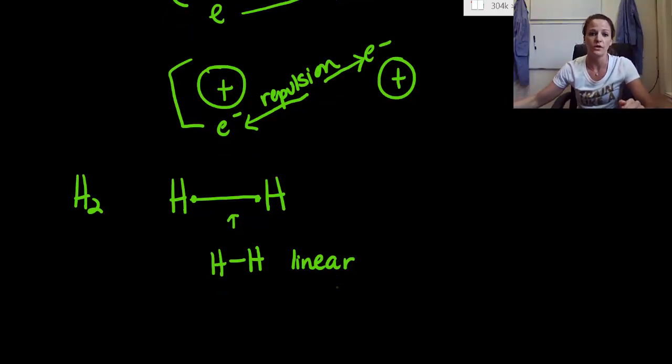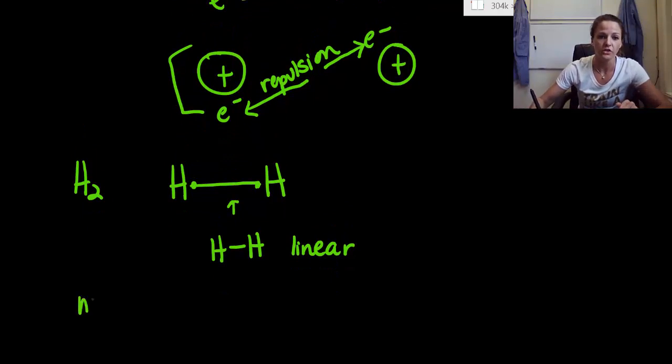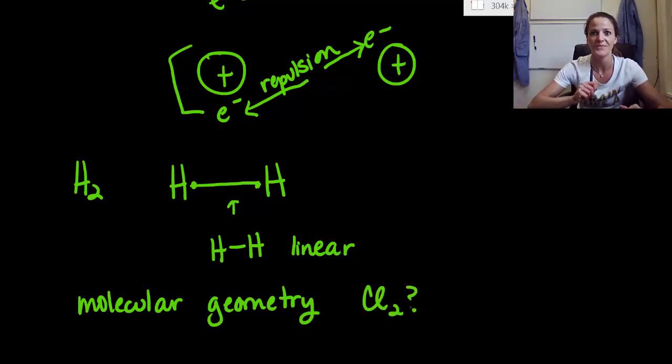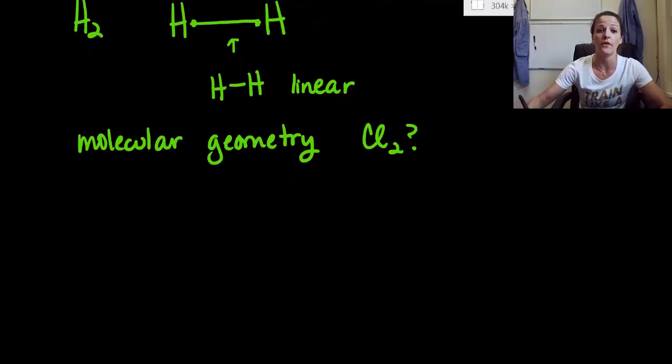So let me ask you a quick question. What do you think the molecular geometry, in other words, the shape, what is the shape of the molecule Cl2? Go. All right, did we get an answer? Hopefully we did, and essentially you just have to go through the exact same steps that we just discussed. So the first thing you do is draw out the Lewis structure. So we know we have two chlorine atoms.